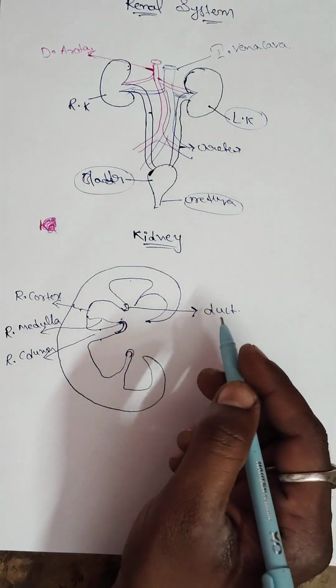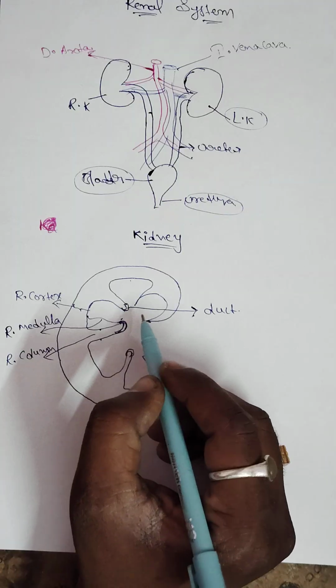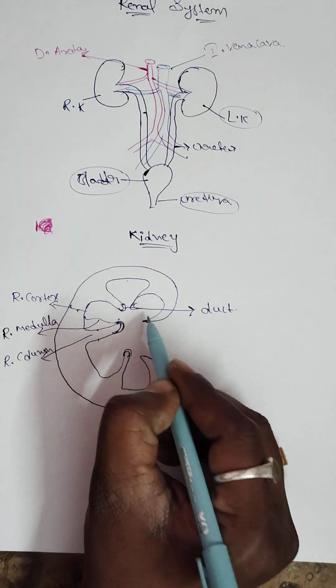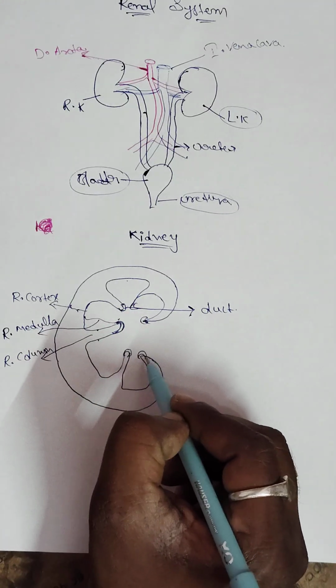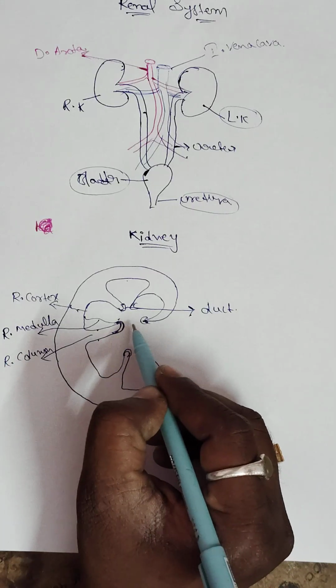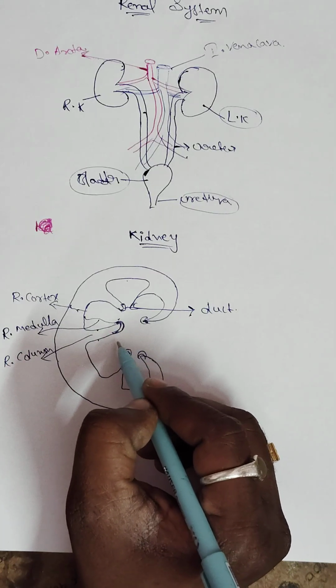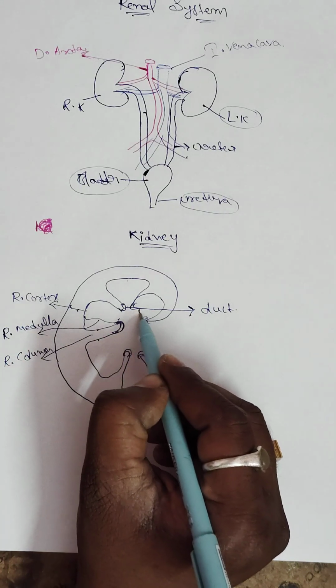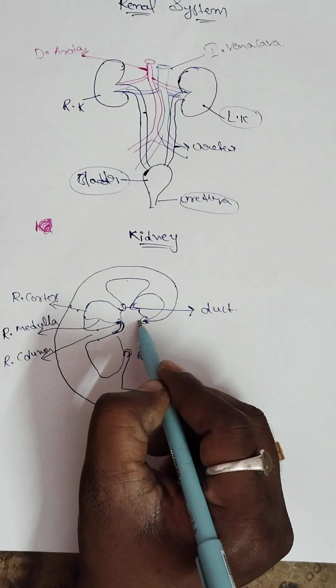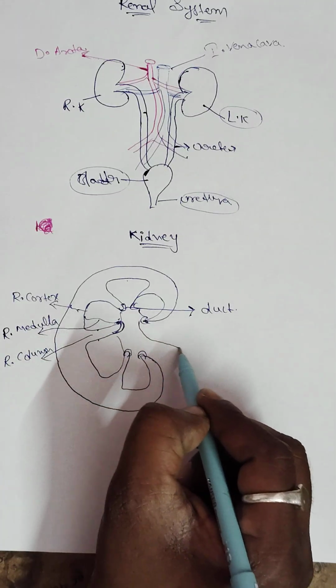A number of papillary ducts are present in the kidneys. These are connected to the exit, like this.